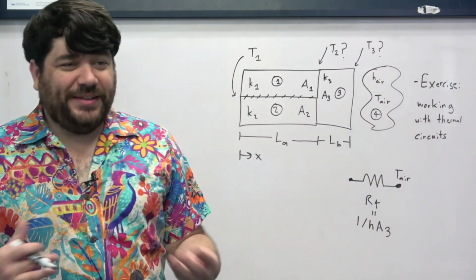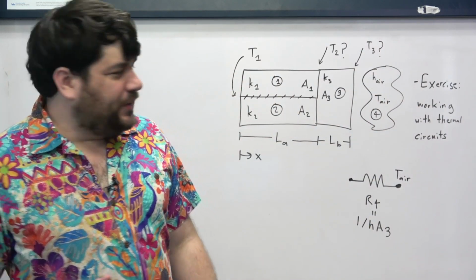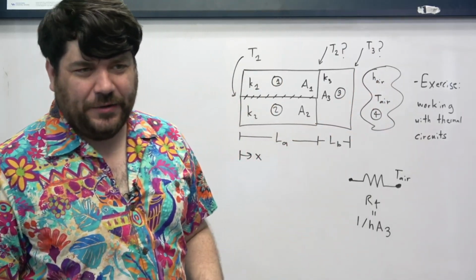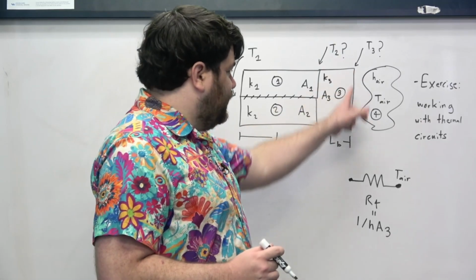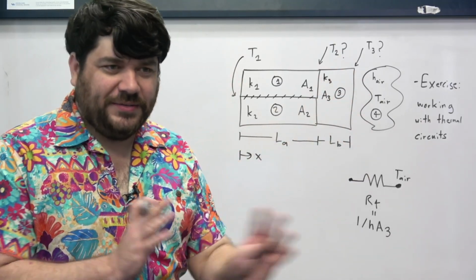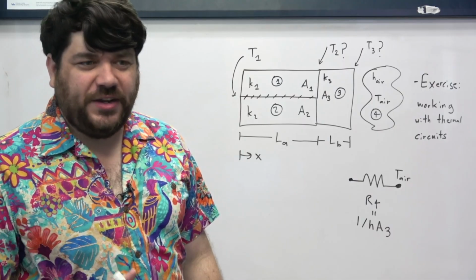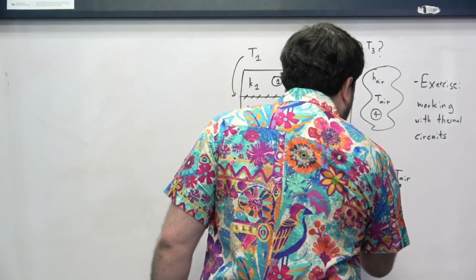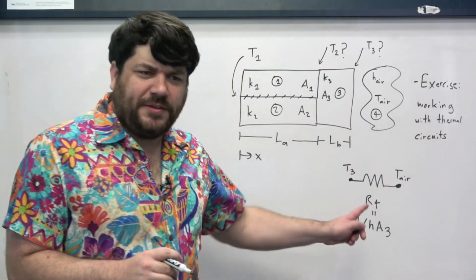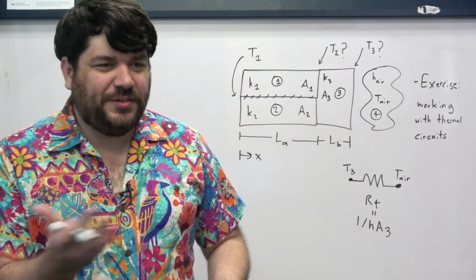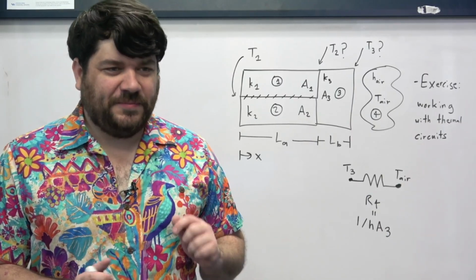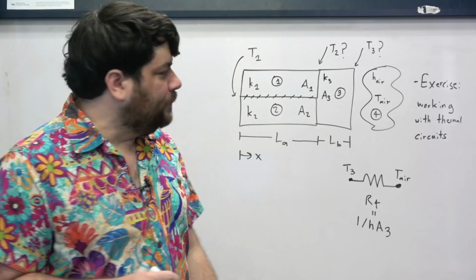The temperature on the left-hand side is the temperature of the right-hand side of the wall that's touching it, and so we would write this down as T3. And this is the representation for a convective thermal resistance, and this is how you get its values.